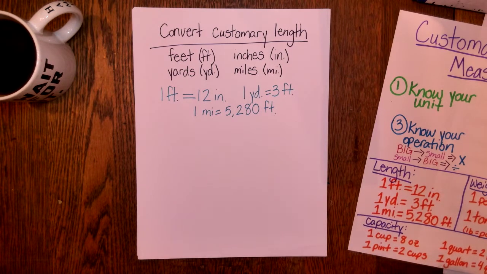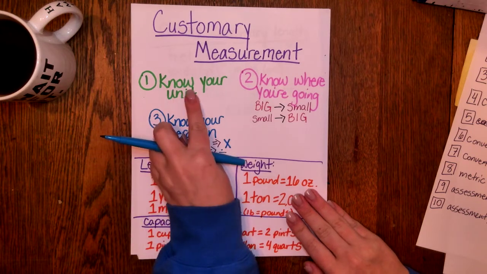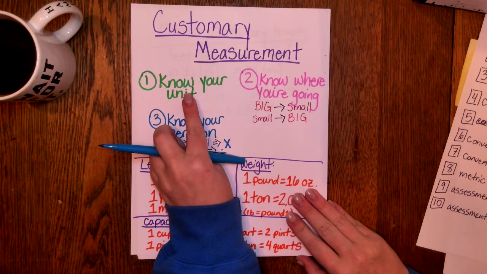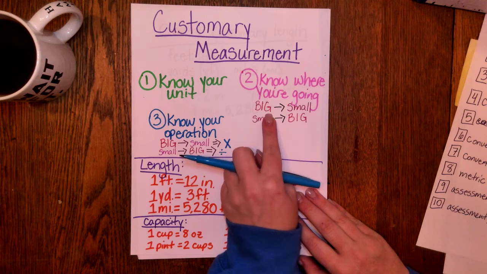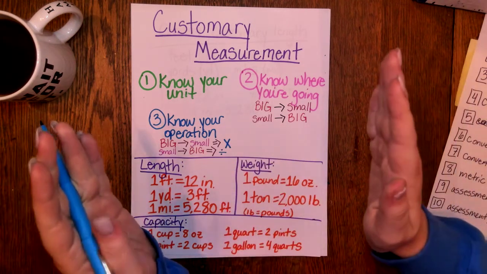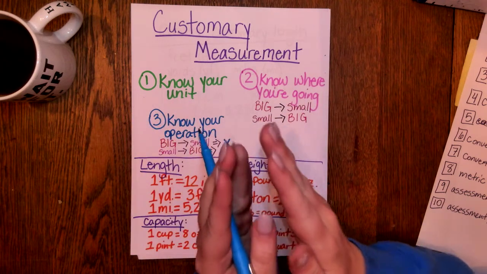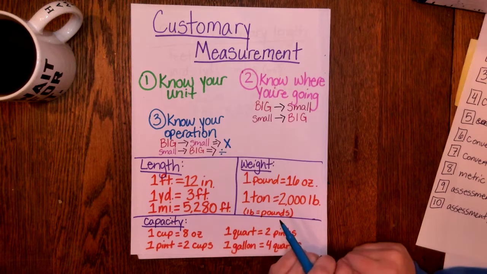Now, on our anchor chart, it says that our first step is to figure out what unit we are using. Today, we're talking about length. The next step is to figure out if you're moving from a large unit to a small unit or a small unit to a large unit. That's important.